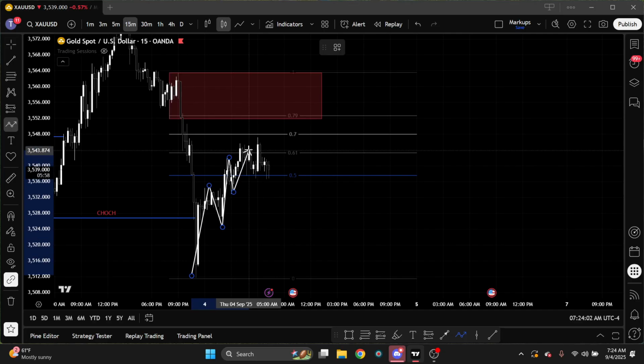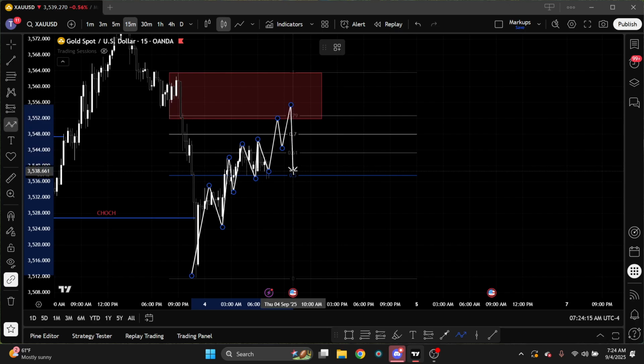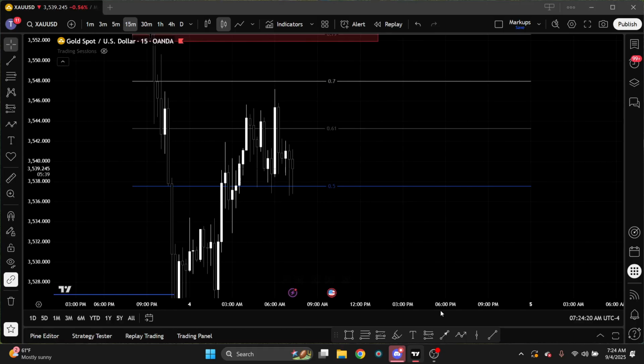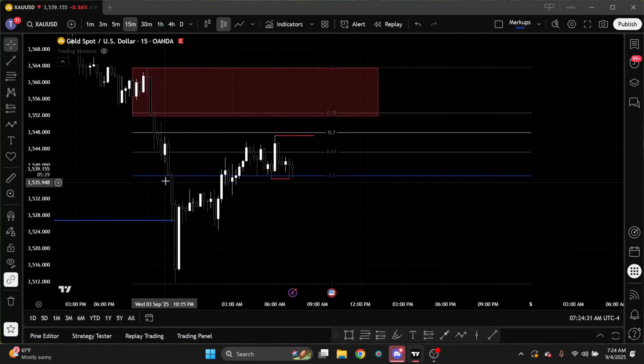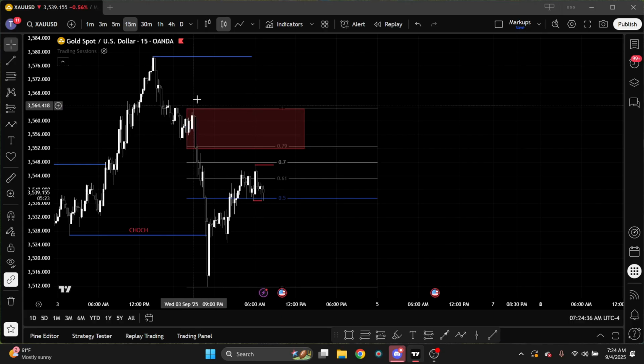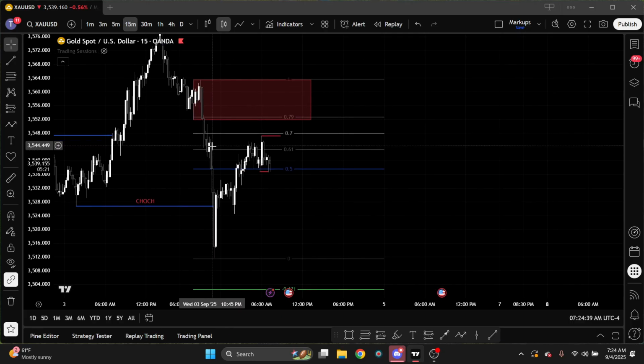Just mark up my structural points like that, and then I'm just now waiting for either a continuation to supply zone or breaking this right here, because sometimes price doesn't exactly have to come all the way up here. Price can react from a decisional point like here.